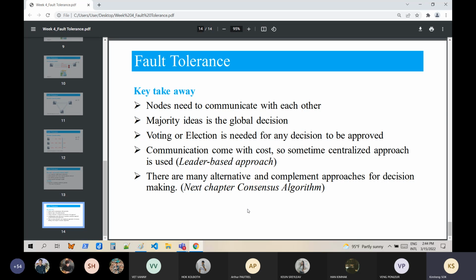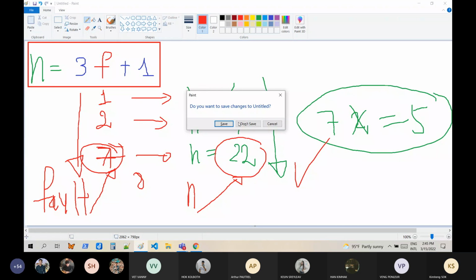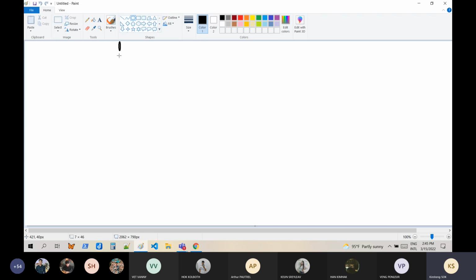And then the last one, the key takeaway: nodes need to communicate with each other. If we have a lot of computers, for example 5 computers, I can draw them in a pentagon style.